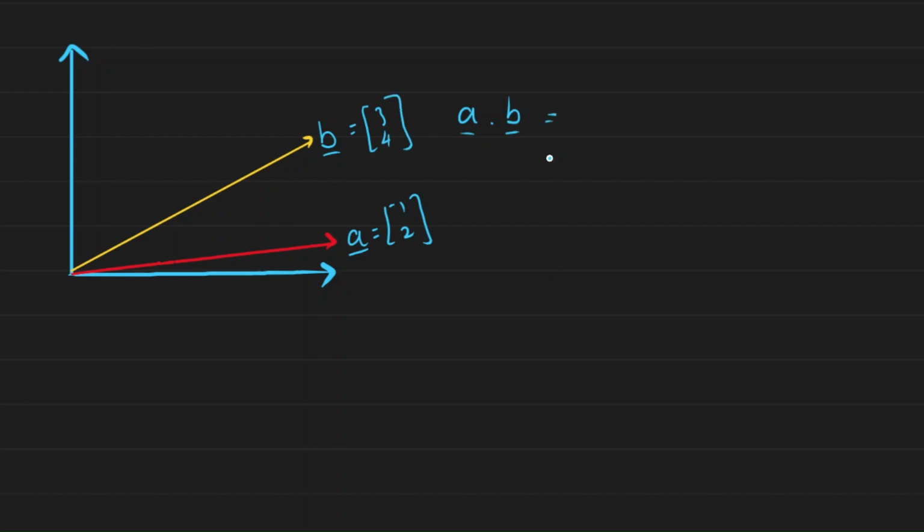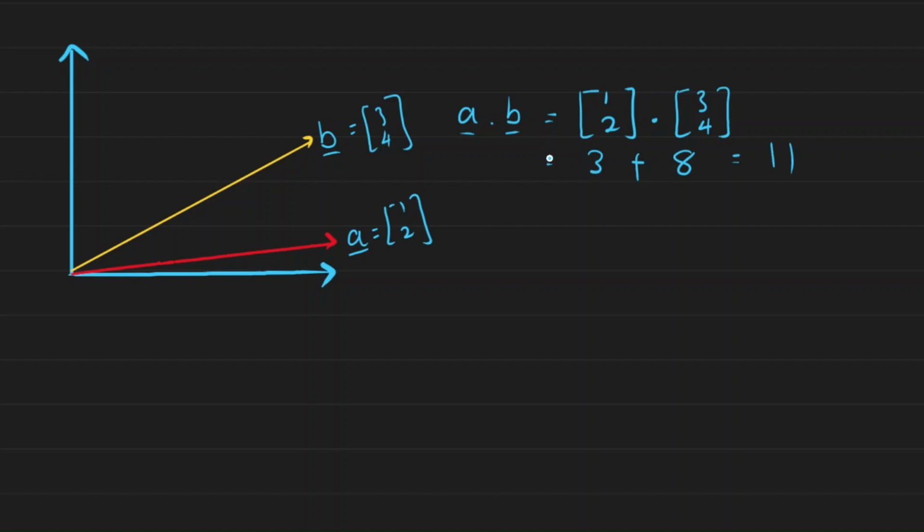Then the dot product would be (1, 2) times (3, 4). This would just be 1 times 3, which is 3, plus 2 times 4, which is 8, and that gives us 11.